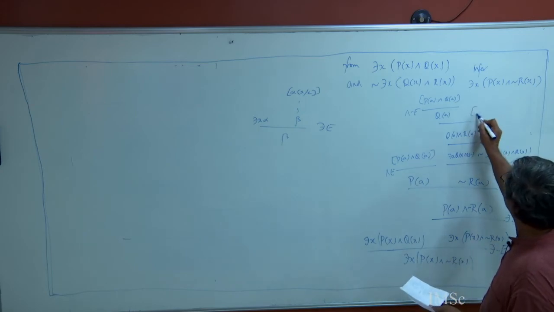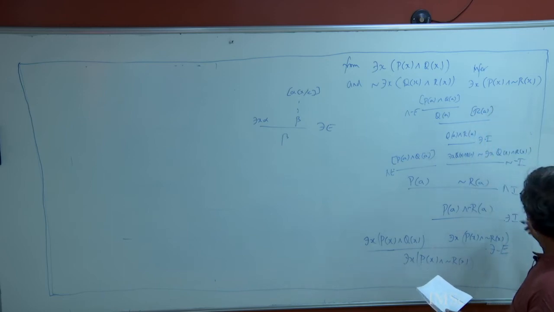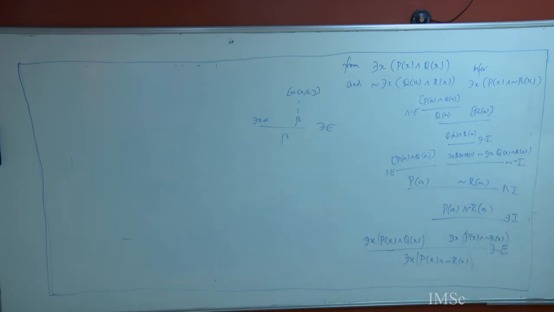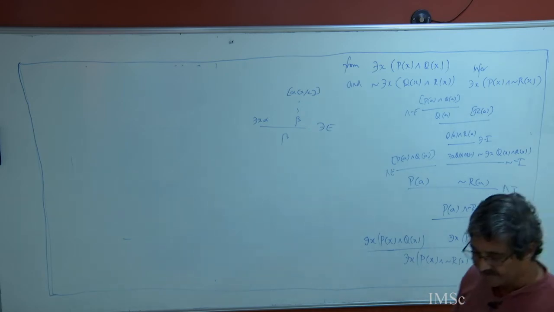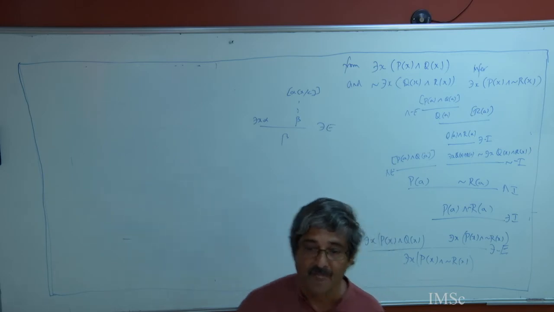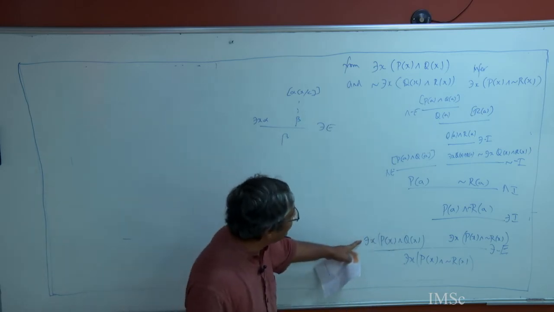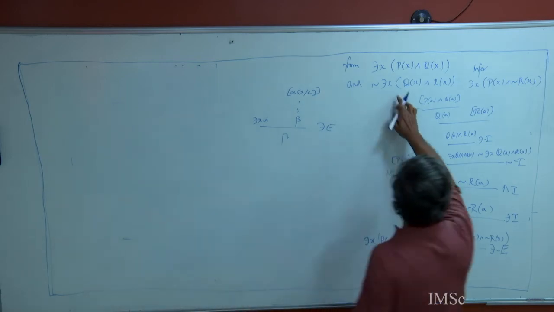That's an assumption that I can get rid of here. I've gotten rid of it here. So that's it. So I have used both the assumptions, right? This is the assumption that I've used here, and this is the assumption that I've used here.